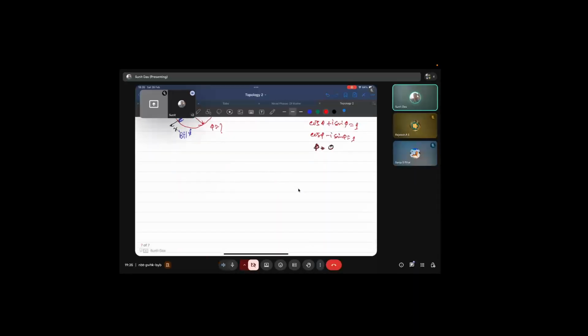So if you draw a circle, this lives in the xy plane. This is y, this is x, and in which direction will the wave function be aligned?